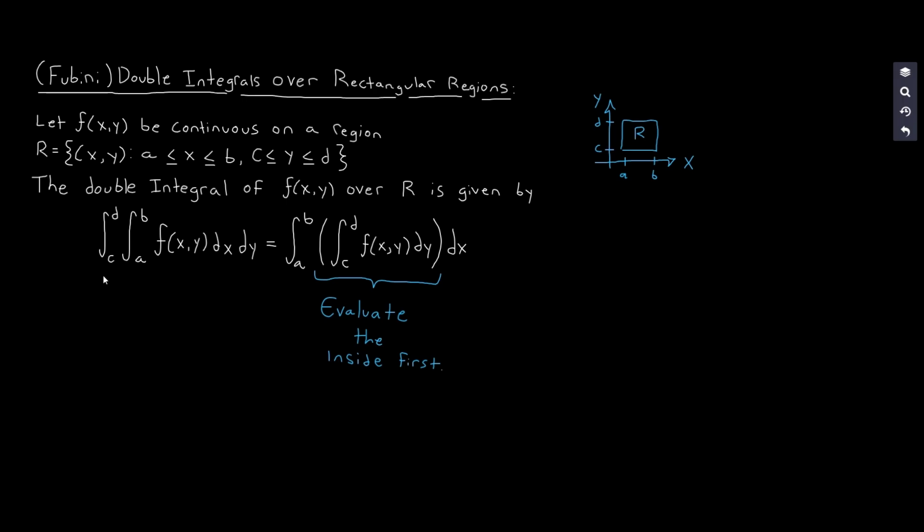The first one is the integral from c to d times the integral from a to b of f of x and y, integration with respect to x and integration with respect to y.